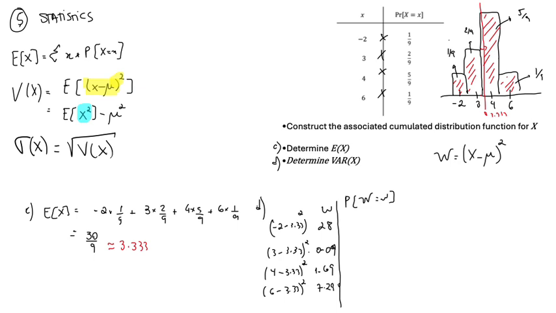You will have 4 minus the mean, 3.33, squared. This is 1.33 squared, and I did this calculation, and this is 1.69. And finally, when x is 6, this is 6 minus 3.33, squared. Don't forget the squared. This is 7.29.